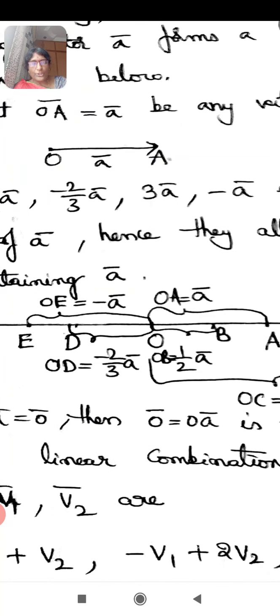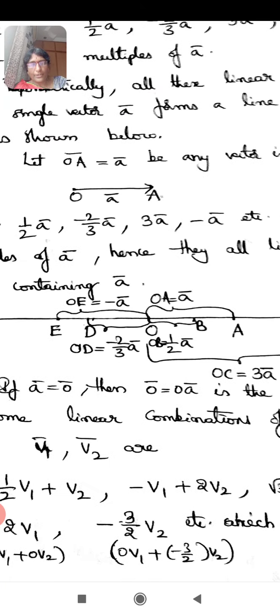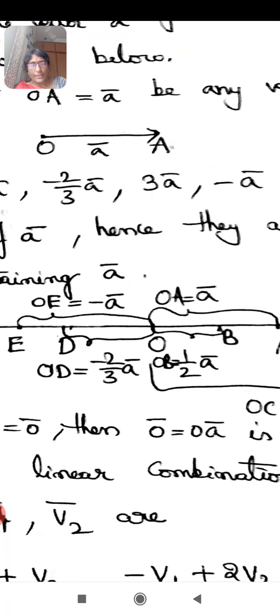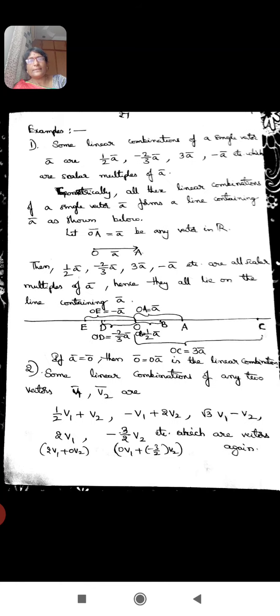And minus 2 by 3 a bar is also a scalar multiple of a bar, but as it has a negative sign, it lies on the other side of the origin. In the figure I have represented it as OD. It is less than the magnitude of OA, that is how OD, which is minus 2 by 3 a bar, has a lesser length than OA.